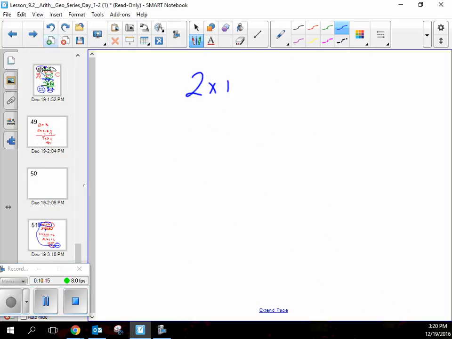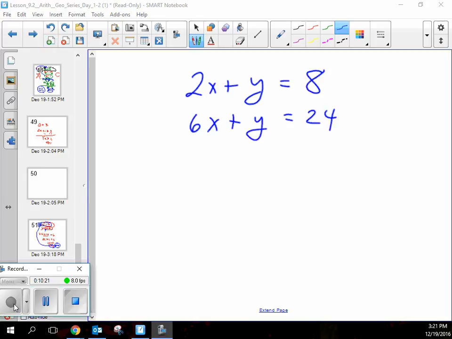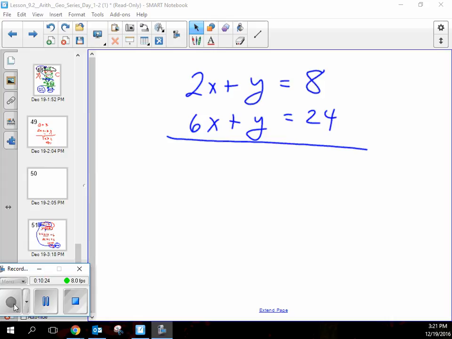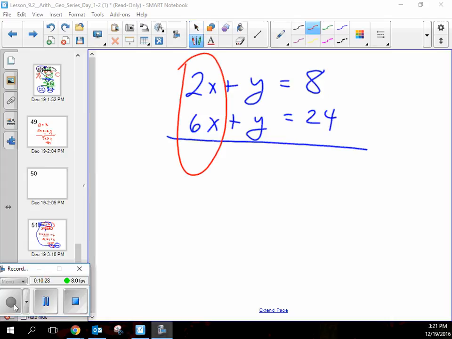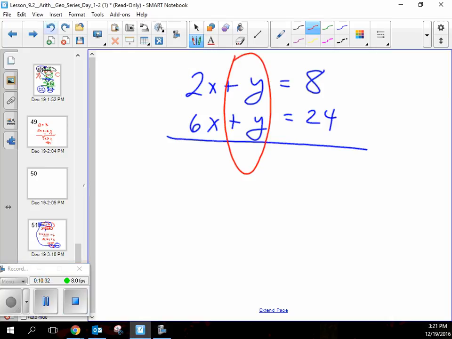2x plus y is equal to 8. So let's say I had this problem right here. And notice, for elimination, you want this to line up so that this and this would cancel each other out. Or if those two don't, maybe these two would. Right now, I'm close to having it right, but these aren't going to cancel each other out because y plus y would make 2y.